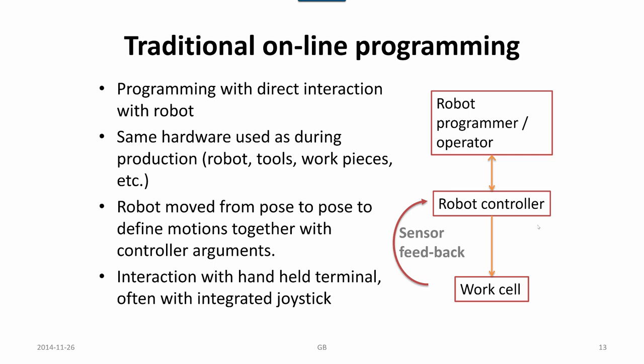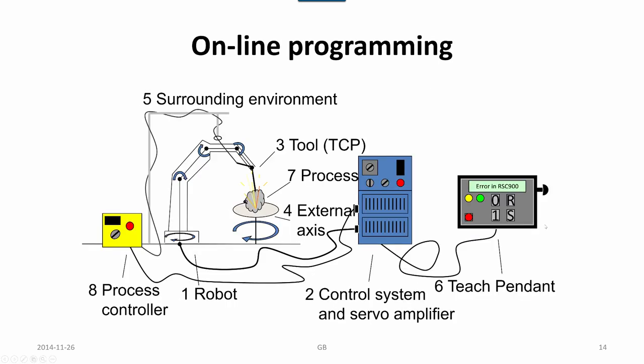And we have an interaction with a handheld terminal, often with an integrated joystick. And yeah, it could be like this. And it really depends on the application, I mean, what type of auxiliary equipment is connected to the robot to actually perform what is to be going on in the cell.